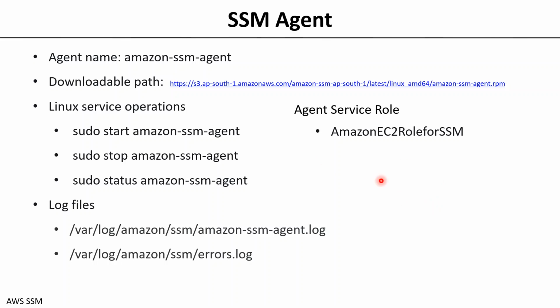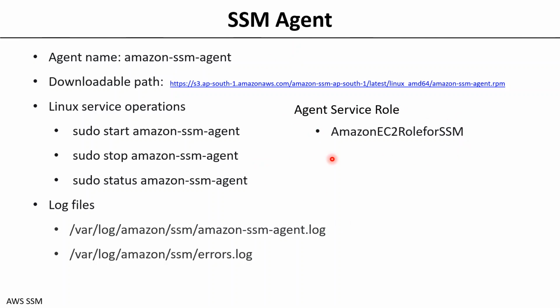So why is this role important? Because your SSM manager is executing remote commands, trying to take a connection, bypassing all the other restrictions, right? So it is agent and server based communication. So you need to give appropriate privilege or appropriate authorization for an SSM manager to go and do the activities on that agent, right?